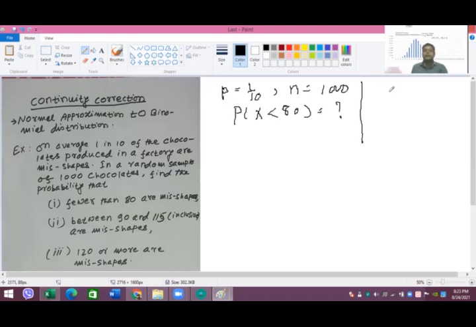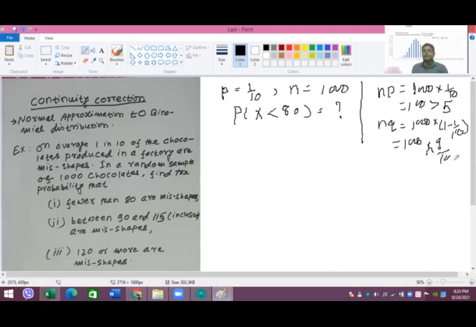So you can see here that n times p, where n is 1000 and p is 1 by 10, is 100. Obviously this is bigger than 5. Also you check that n times q, where n is again 1000 and q is 1 minus 1 by 10, which is 9 by 10, and this sort of thing gets cancelled out.